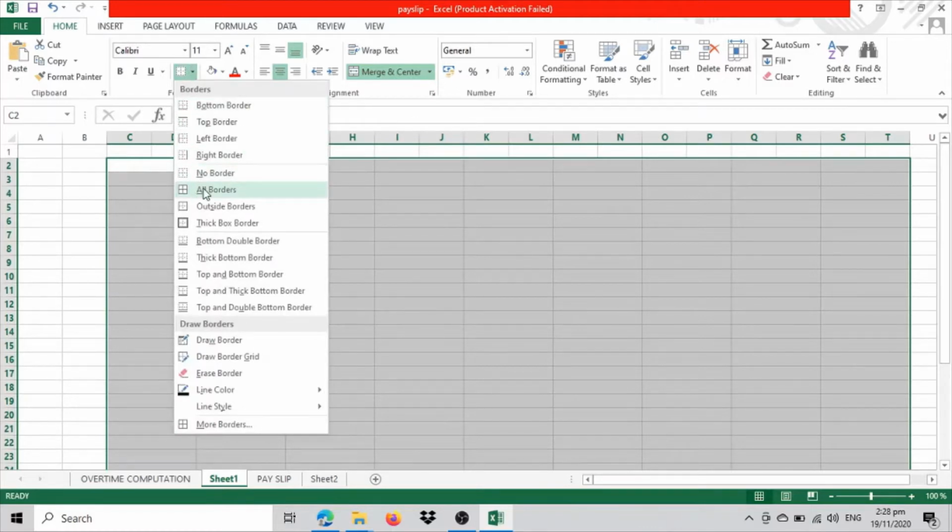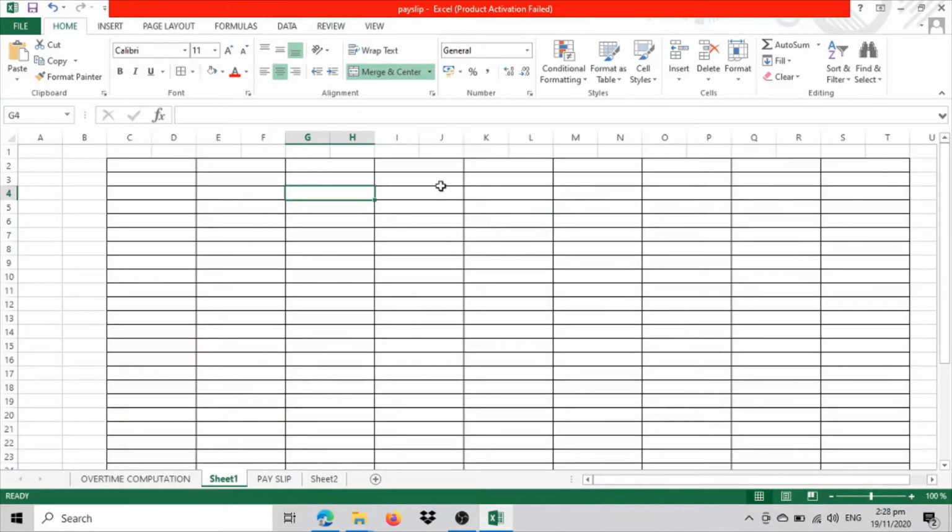And go to the borders and select all borders. Then write the title of the said columns.